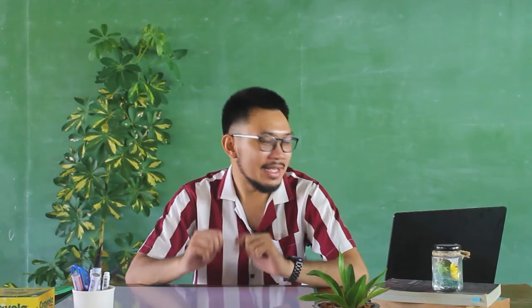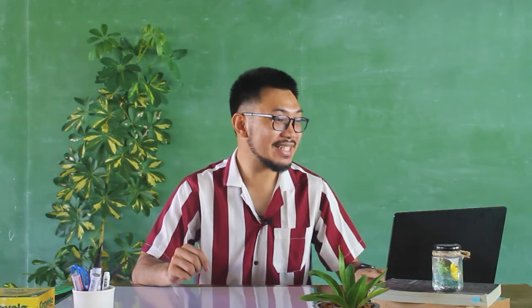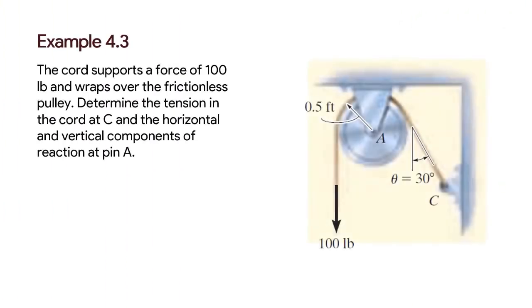Now, another example. We have here a pulley. This one is a frictionless pulley, they say, and our pulley is pulled by a vertical cable with 100 pounds. We are asked to find the support at our pulley, which is a pin support.